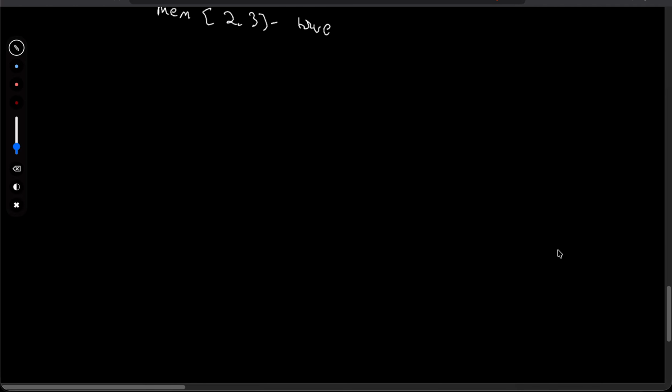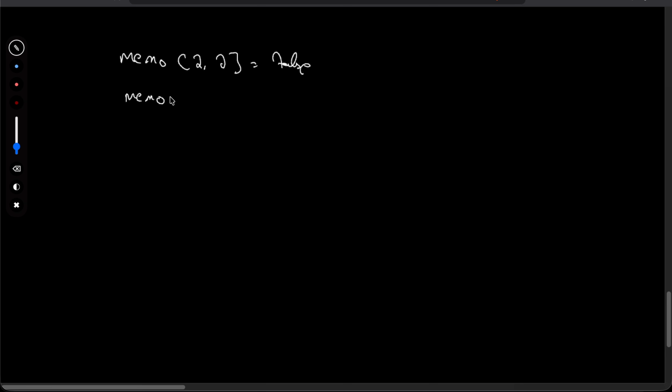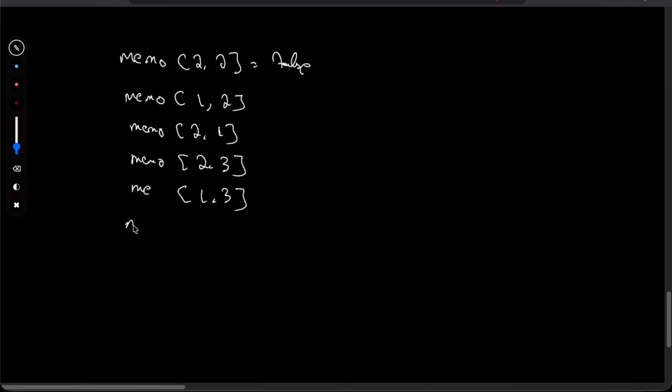So let's write down the table. First we write memo of 1, 2, next is memo of 2, 1, next is memo of 2, 3, next is memo of 1, 3, and next is memo of 0, 3.